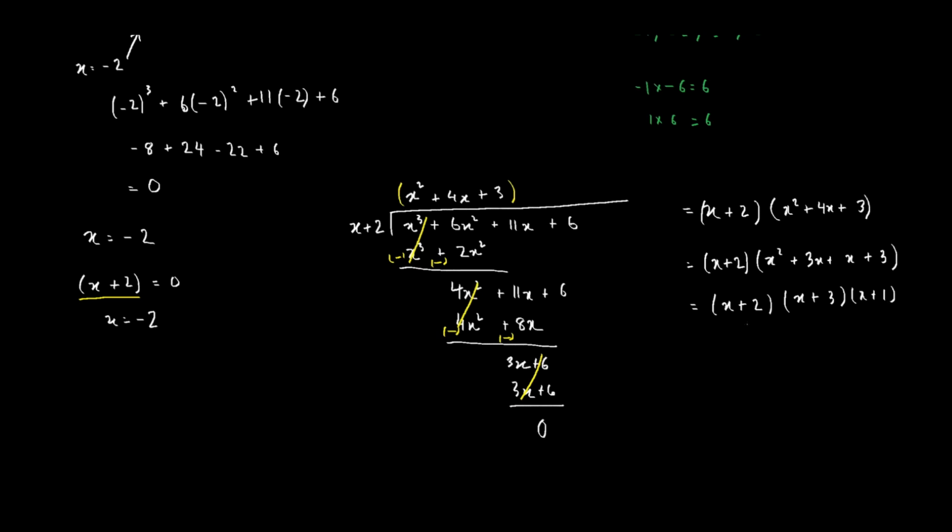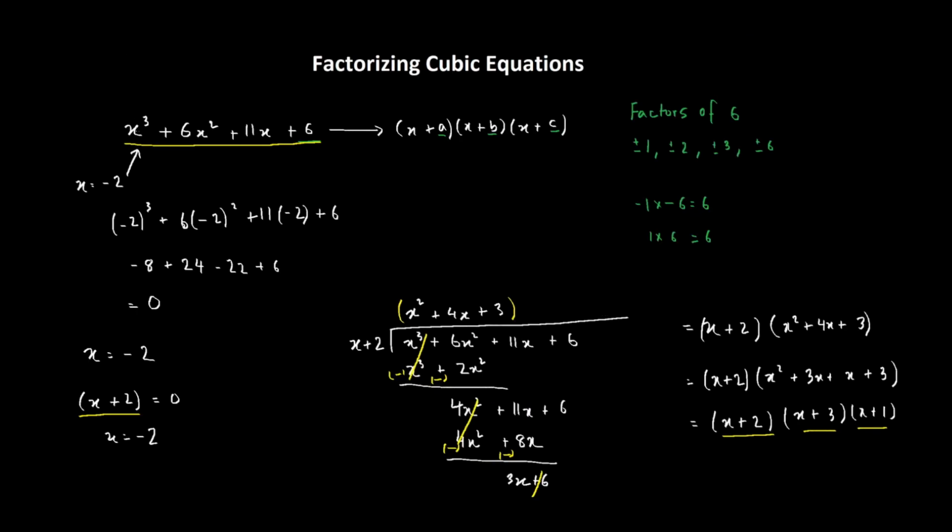So these are the three factors of the expression x cubed plus 6x squared plus 11x plus 6. So I can write it as x plus 2 into x plus 1 into x plus 3. Okay, so this is pretty much how you factorize a cubic equation.